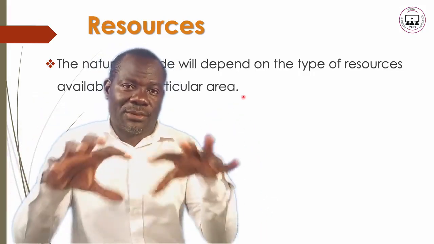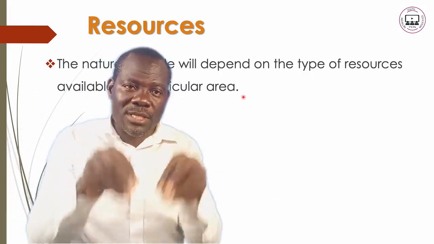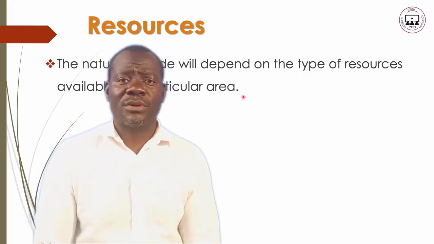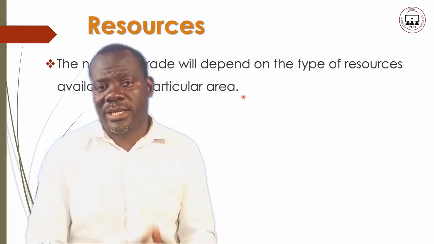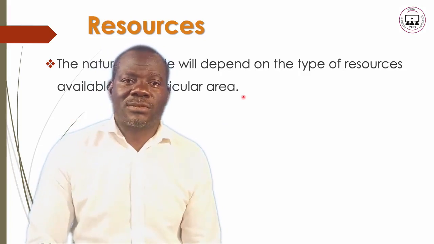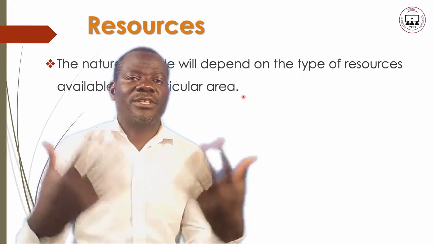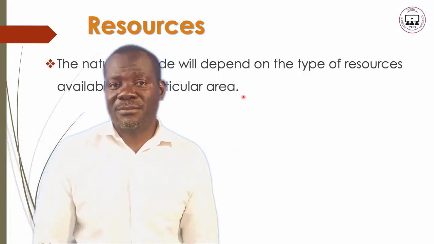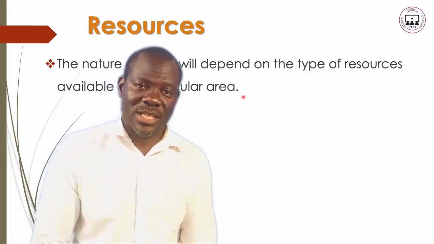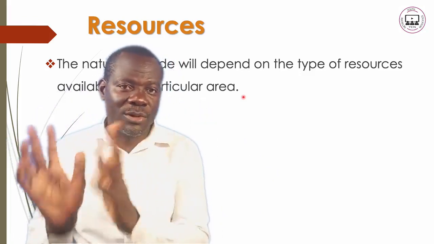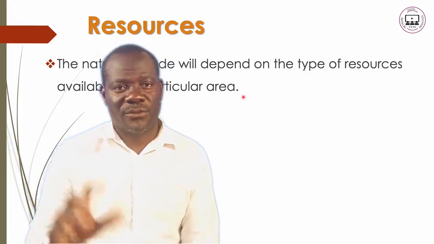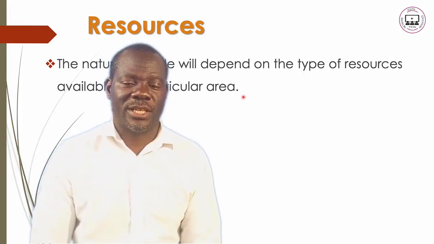Those will make people trade in those resources. For example, people who are staying along the lake, what do you think can be the resource available? It's fish. Therefore, their trade item will be fish, because they are near the lake. Usually they go to the lake day in, day out.